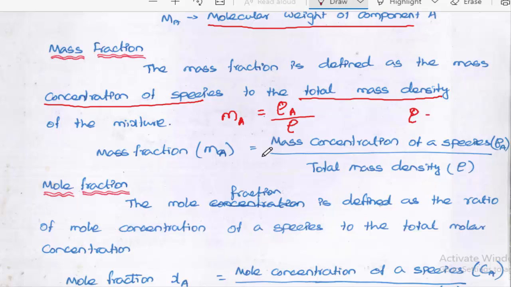So rho is nothing but, as I already told you, if the mixture has three components A, B, C, rho A plus rho B plus rho C. So mass density equals rho A plus rho B plus rho C. Similarly, this can be written for mB equal to rho B divided by rho.